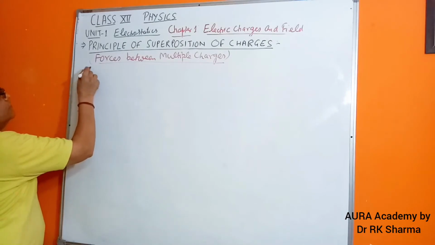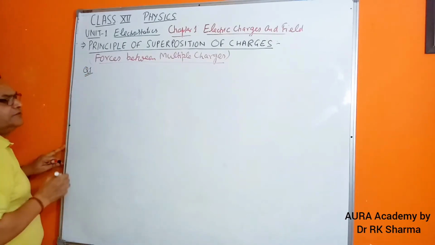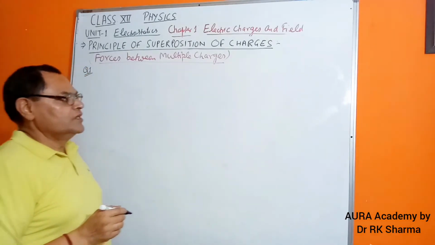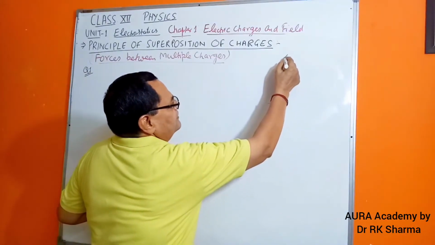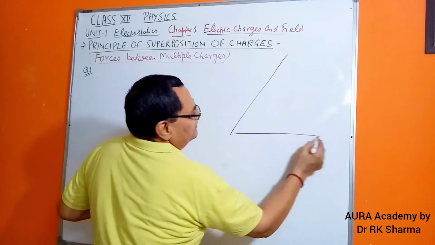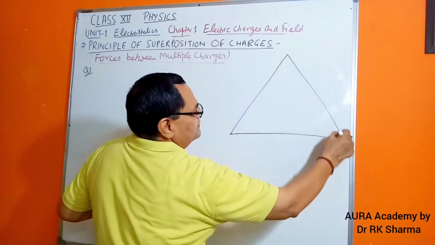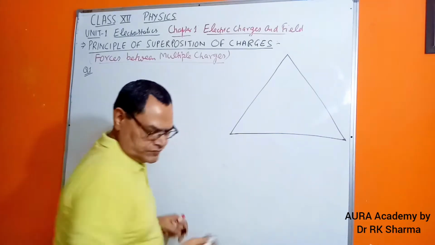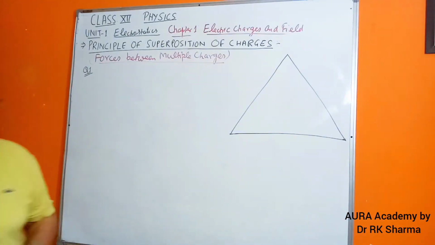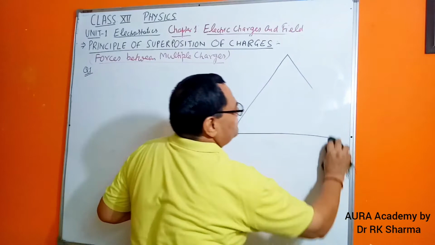Question number 1, the very important. Let us consider there is an equilateral triangle like this.